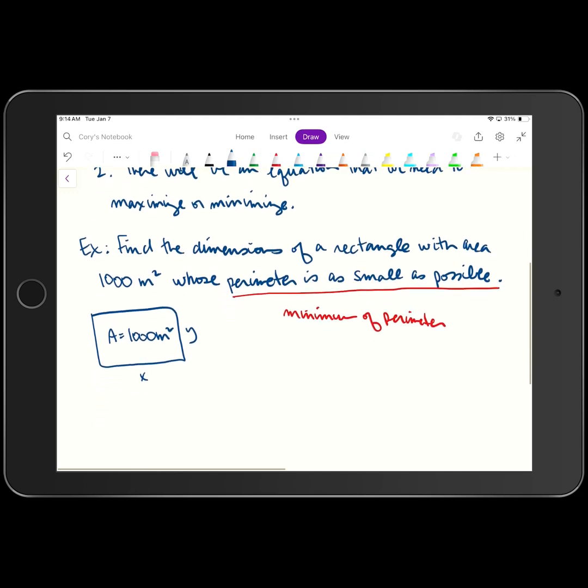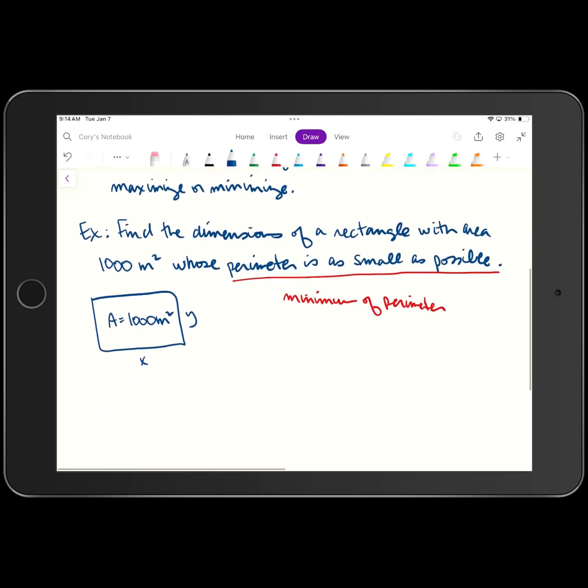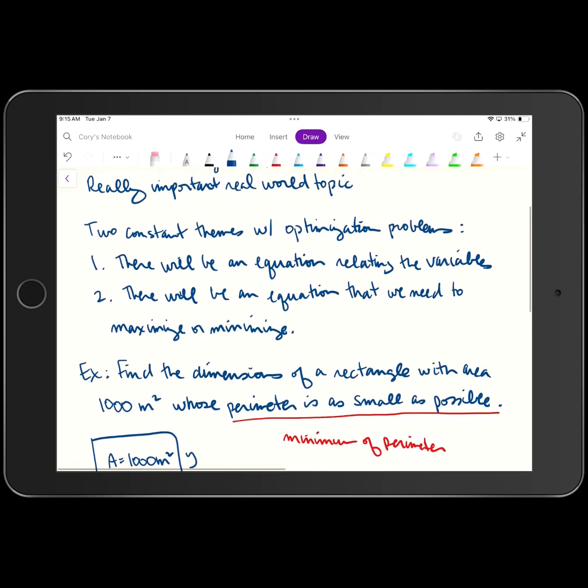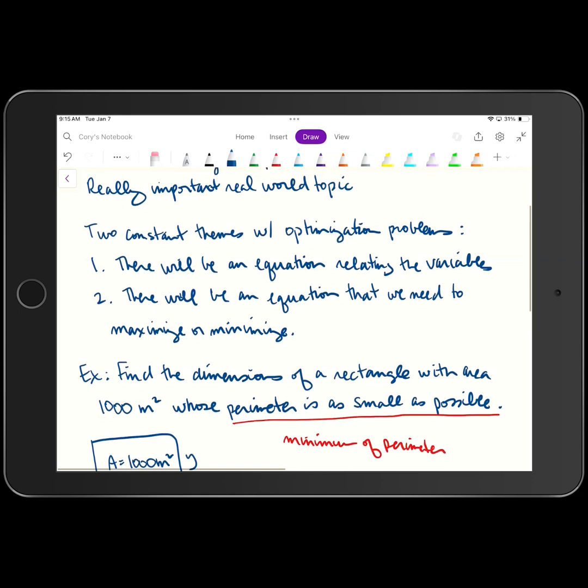We know that the area of a rectangle is the base times the height, or the length times the width. So we can set up an equation involving the given information in regards to area. We know that x times y is equal to 1,000. So that is your equation that relates the variables.